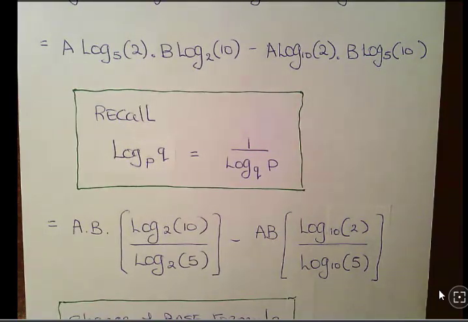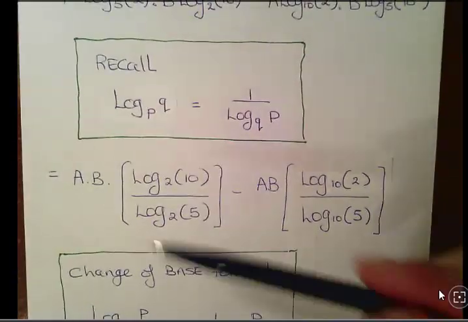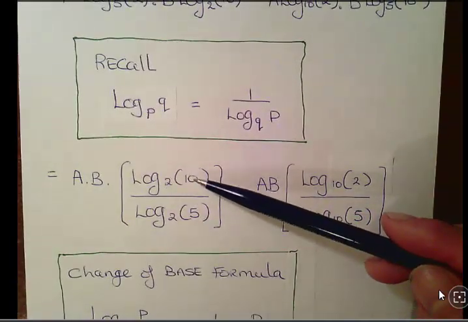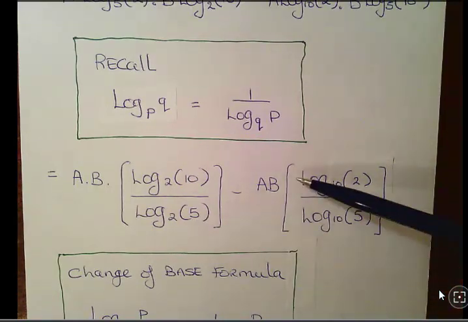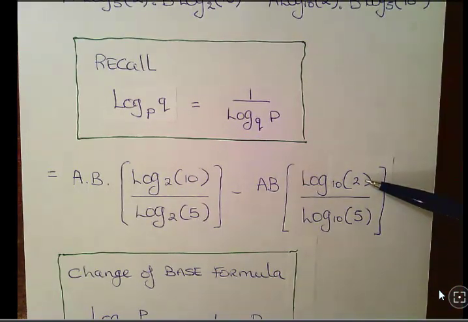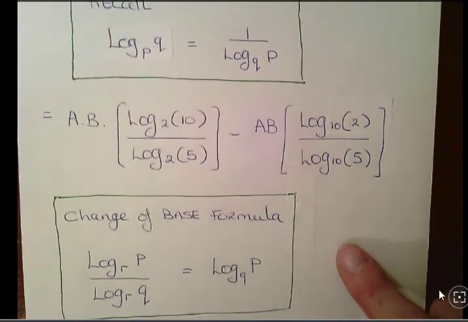So we have AB times log of 10 to the base 2 over log of 5 to the base 2, minus AB times log of 2 to the base 10 over log of 5 to the base 10. What we can do here is use the change of base formula.